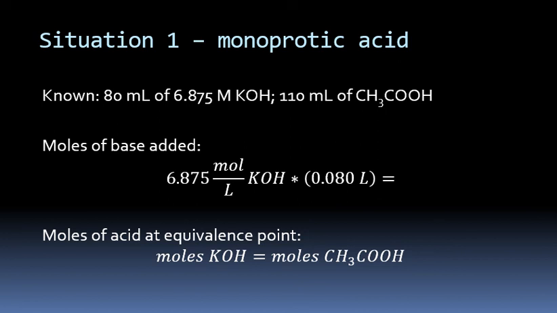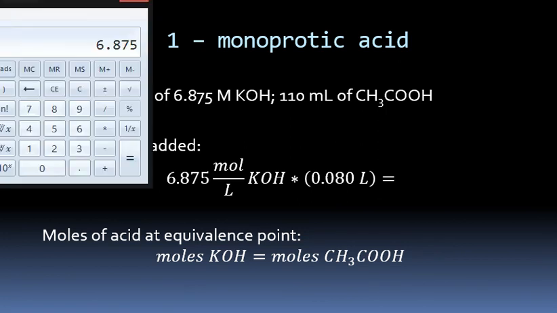Let me rephrase that. We needed 80 milliliters of our 6.875 molar potassium hydroxide solution to neutralize 110 milliliters of our acetic acid solution. So let's first determine the moles of base that was actually added in order to neutralize our acid. And that's pretty straightforward.